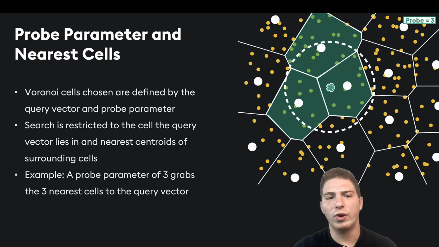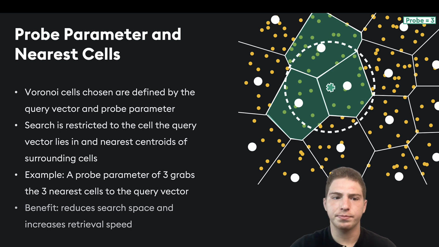For example, if we have a probe parameter of 3, we grab the 3 nearest cells to the query vector and only search the vectors inside those cells. And the benefit is that it massively reduces search scope and increases retrieval speed, because suddenly we're not searching every single vector, we're only searching a small subset of these vectors.